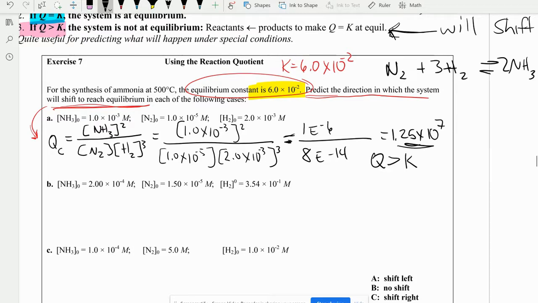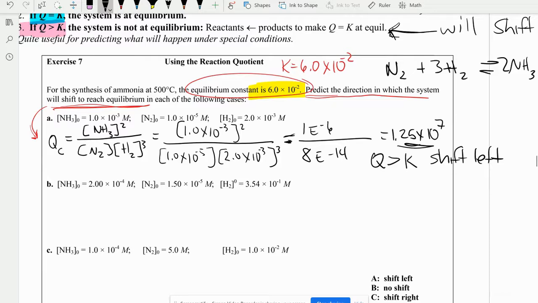The reaction is going to shift left to get to the equilibrium that we're looking for. To establish equilibrium, we're going to need to take all those products being formed and shift back to forming some of the reactants, okay? So in this particular case, it's going to shift left.